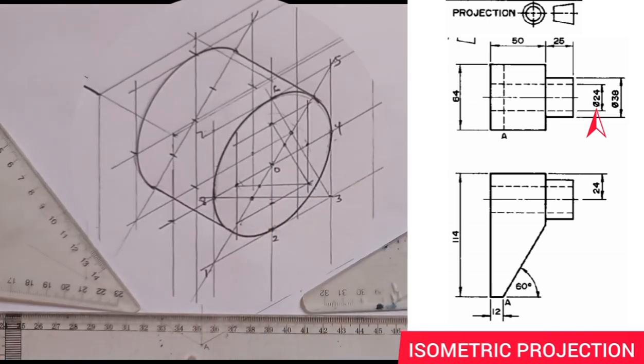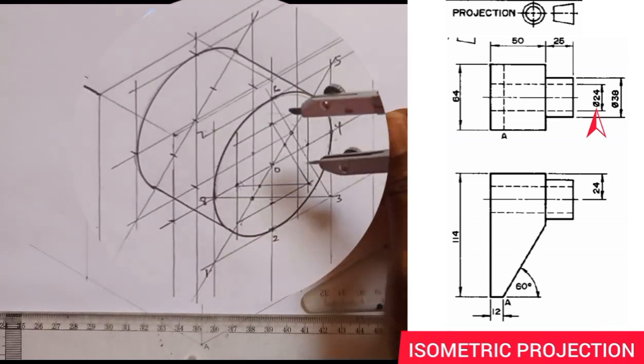So I'm going to draw out my box this time, my circle in elliptical shape.